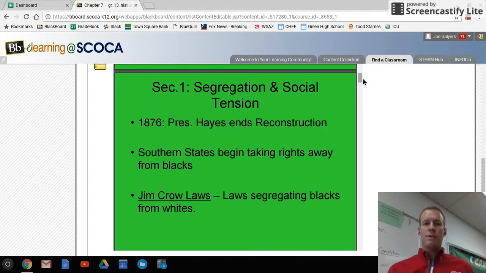So we're going to talk first about segregation and social tensions. As you know, in 1876, Reconstruction was officially ended when Rutherford B. Hayes was elected president. He had promised to remove the military leaders from the South, and when he was elected, he did so. And immediately, as soon as that happened, the South began to take rights away from blacks.